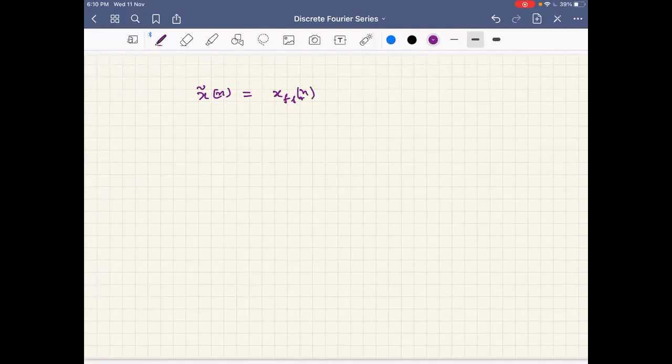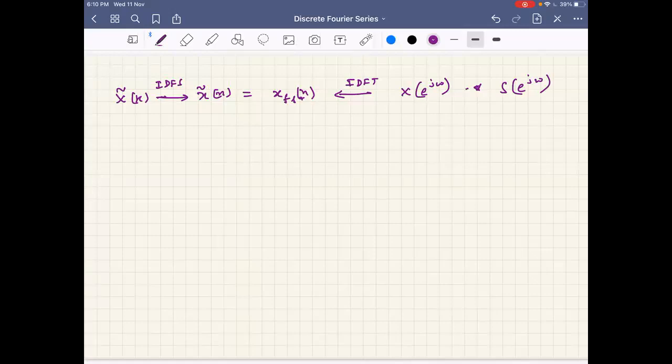x tilde of n, if you take the sampled version x tilde of k and take the IDFS, is equal to this. How do you get this? This also comes from the IDFT with x of e power j omega, sampling of x of e power j omega.